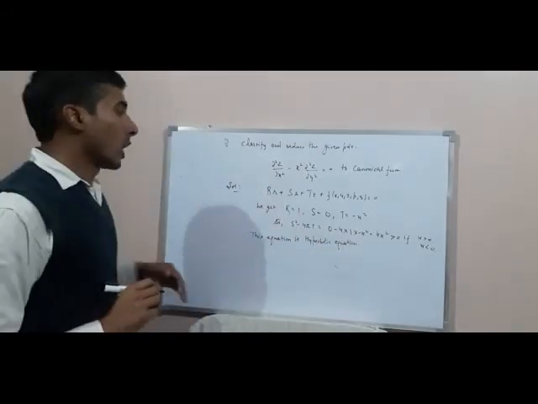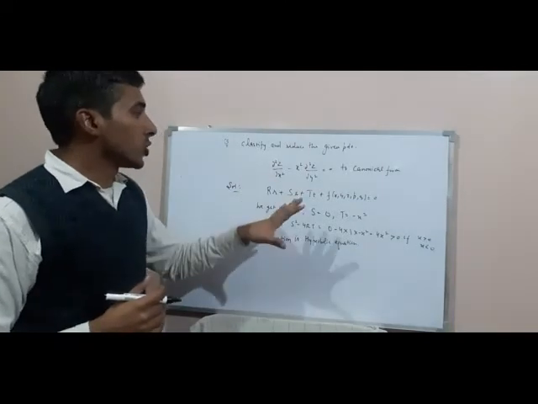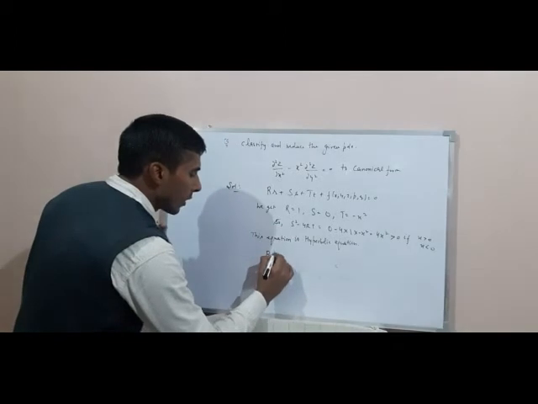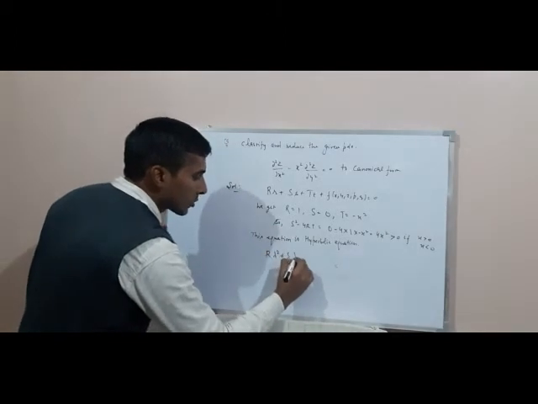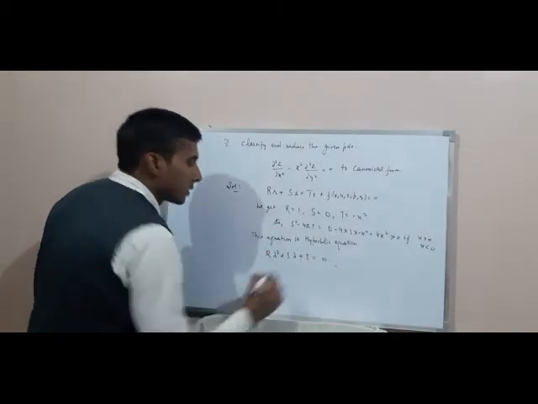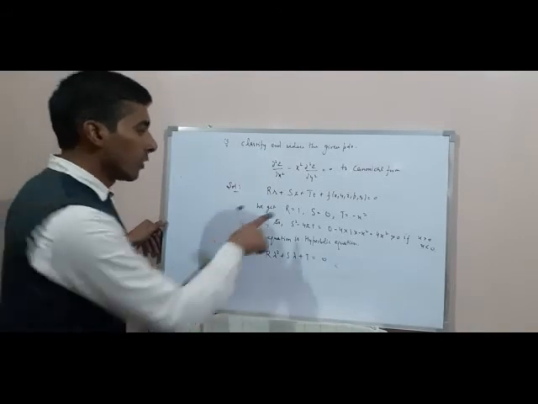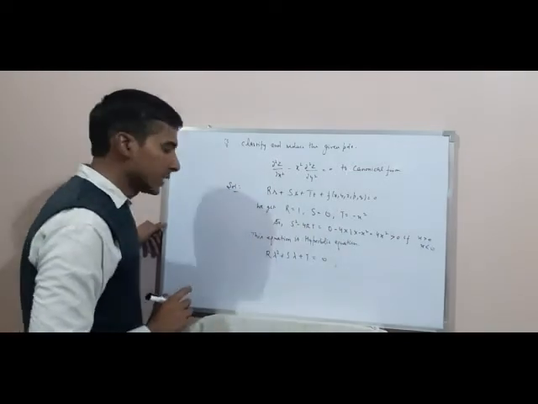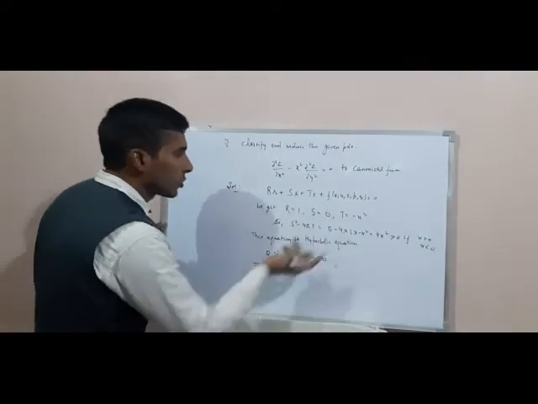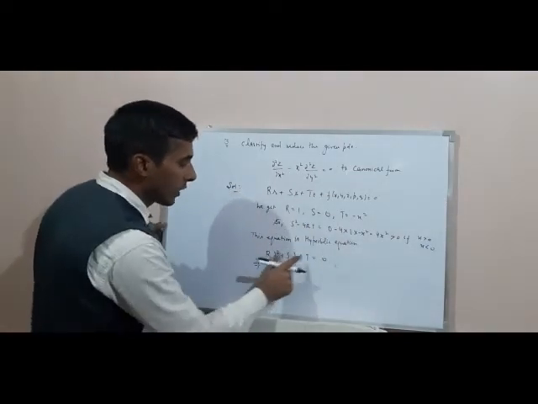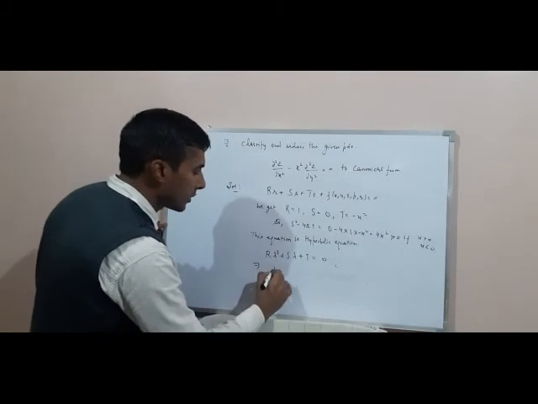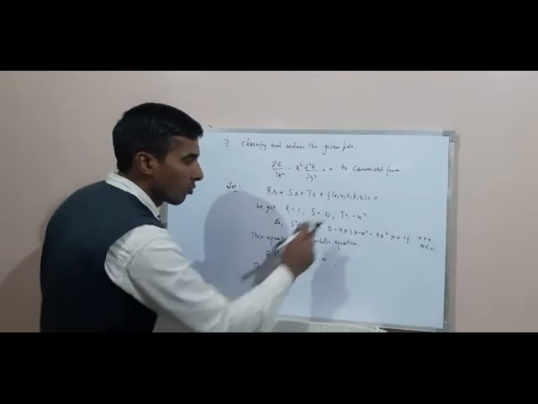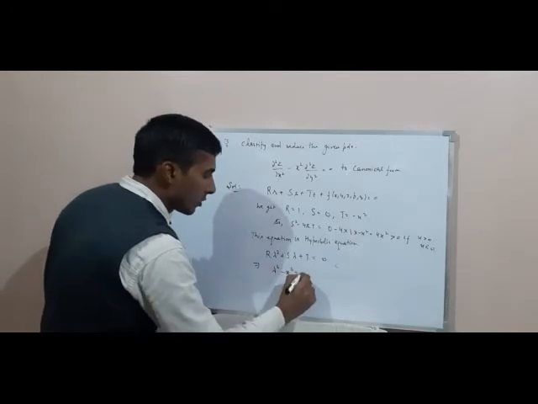Now the problem is how to reduce this equation into canonical form. For this, consider the quadratic equation Rλ² + Sλ + T = 0. Here R is 1, S is 0 and T is −x². When we substitute these values, we get λ² − x² = 0, since the S term goes to 0.